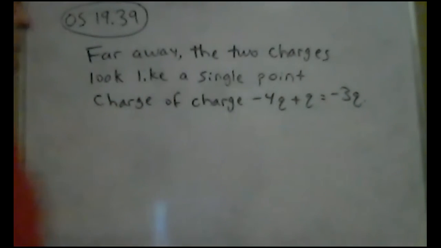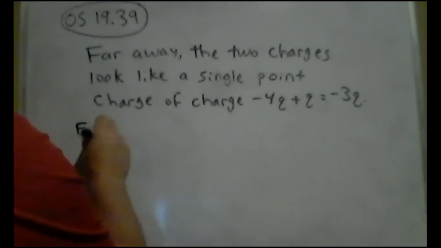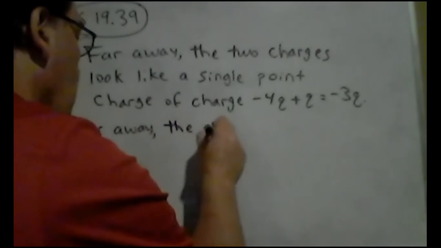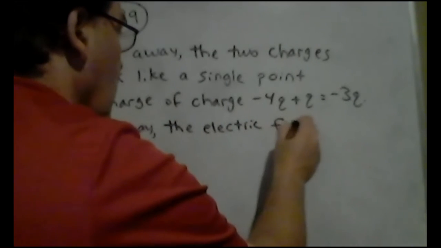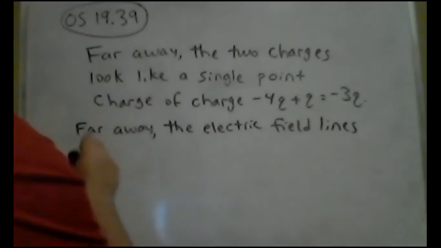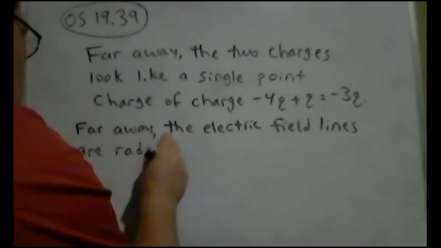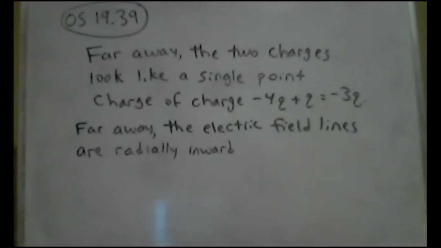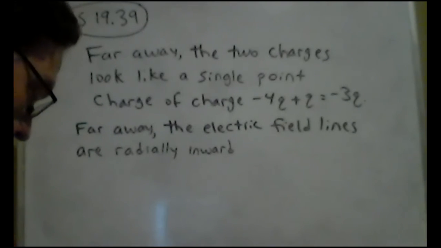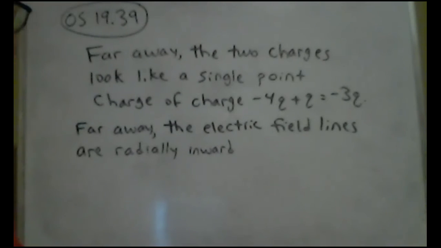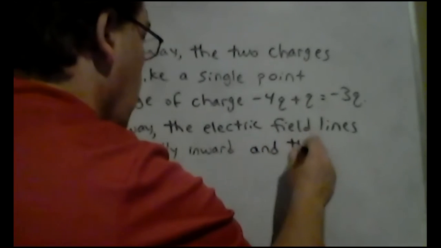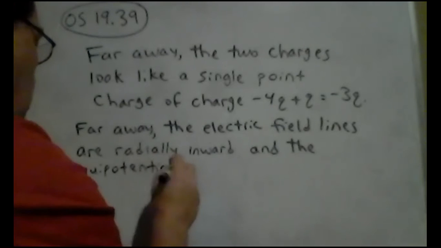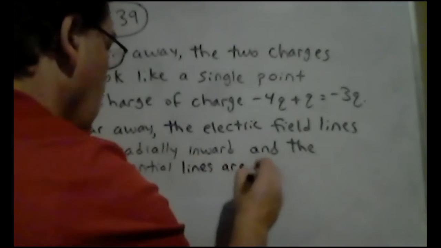All right, so far away, the electric field lines are radially inward, because they're going to terminate on an overall negative charge, and the equipotential lines are concentric circles.